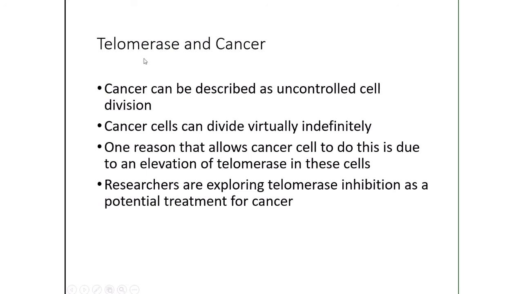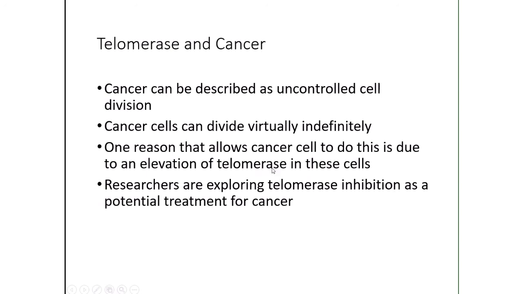But telomerase is actually linked to cancer. Okay, cancer in a very basic sense is basically uncontrolled cell division. Okay, the cells divide virtually indefinitely. And one reason that cancer cells can evade what we call cellular senescence and keep on dividing is because they have high levels of telomerase.